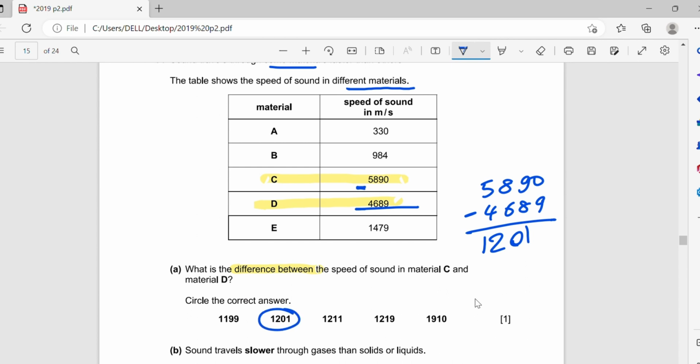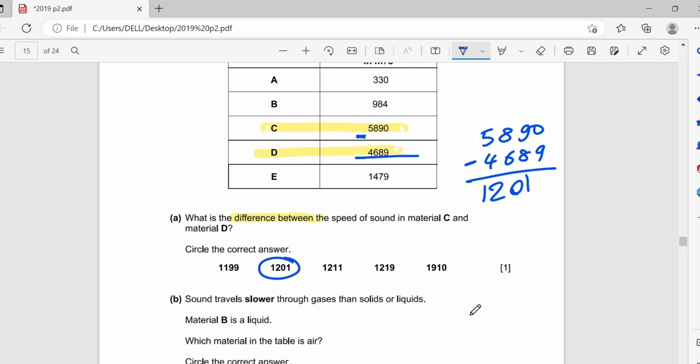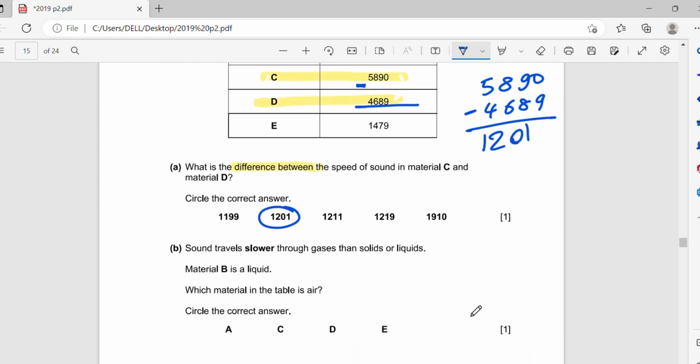Sound travels slower through gases than solids or liquids. We know that.